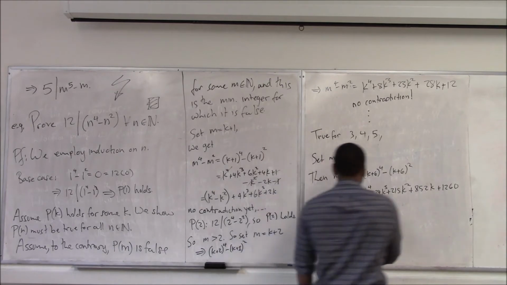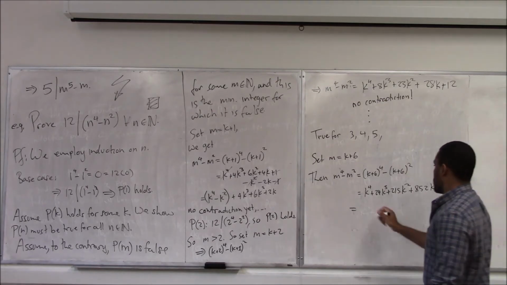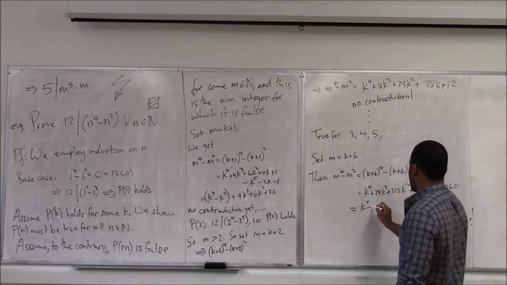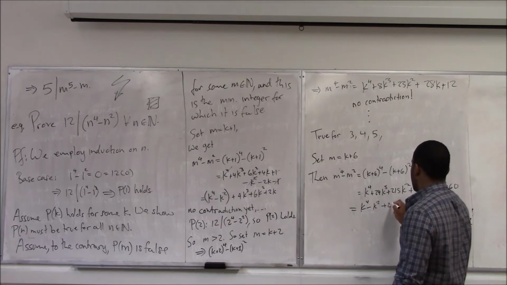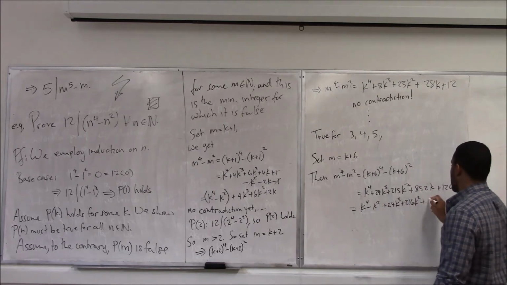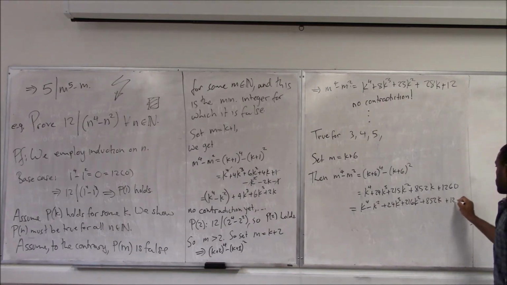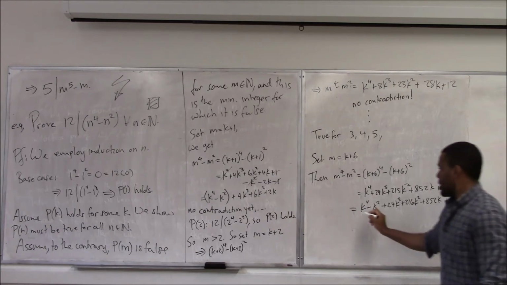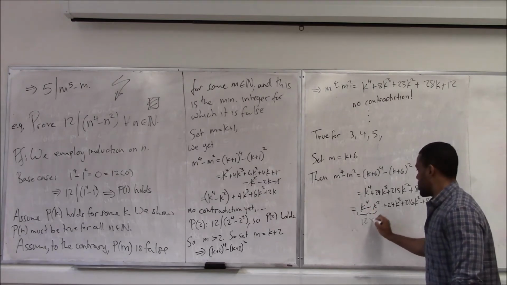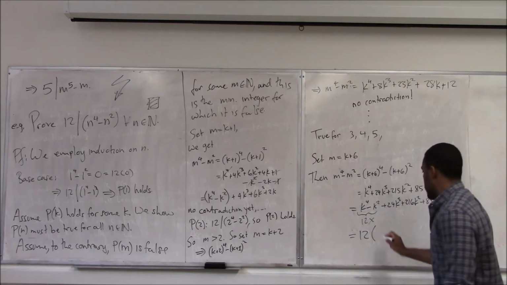So I'm crunching these numbers up. And then what I did was write this as k to the 4th minus k squared plus 24k cubed plus 216k squared plus 852k plus 1260. I know that this guy is 12 times some integer, and so I ultimately could factor out a 12 from everyone here.